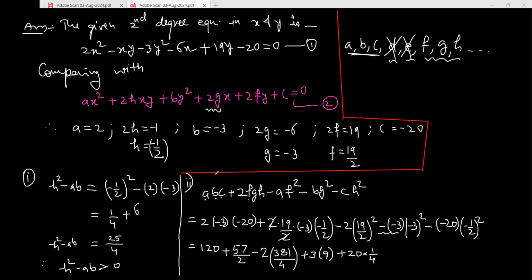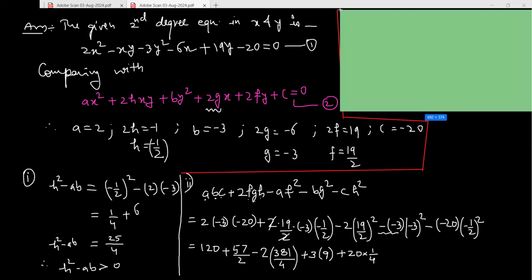Now see the next step. The next step goes as follows. What you have is equal to 120 plus 57 by 2 minus 381 by 2. See, this is 2, this is 4, plus 27, plus 5. 4 ones are 4, 4 fives are 20.